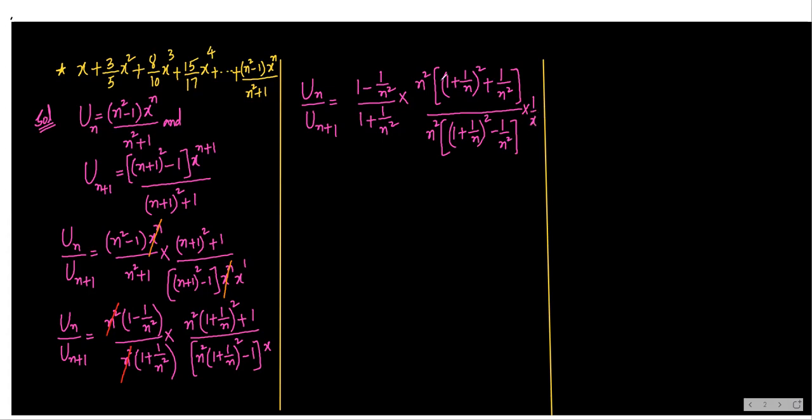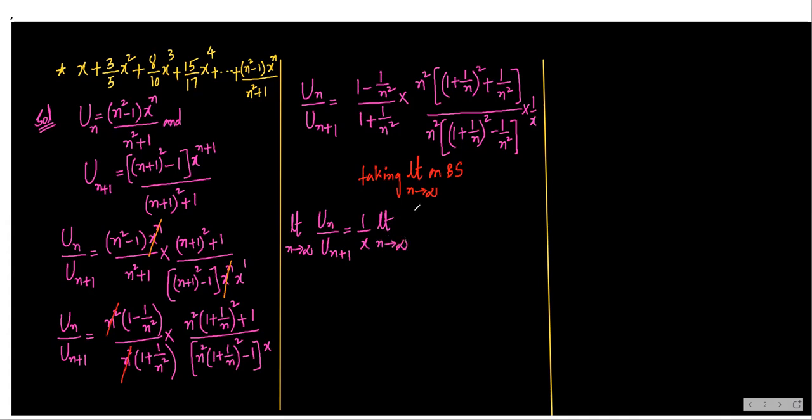Now taking limit n tends to infinity on both sides: limit n tends to infinity of un by un plus 1 is equal to, we take the terms which do not have n outside, and then apply the limit to the rest of the terms.